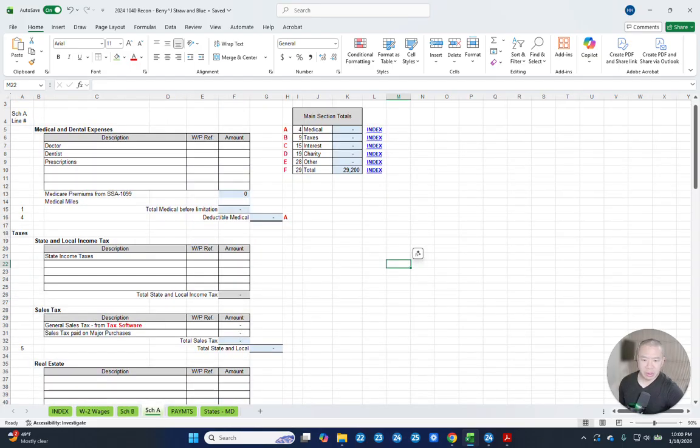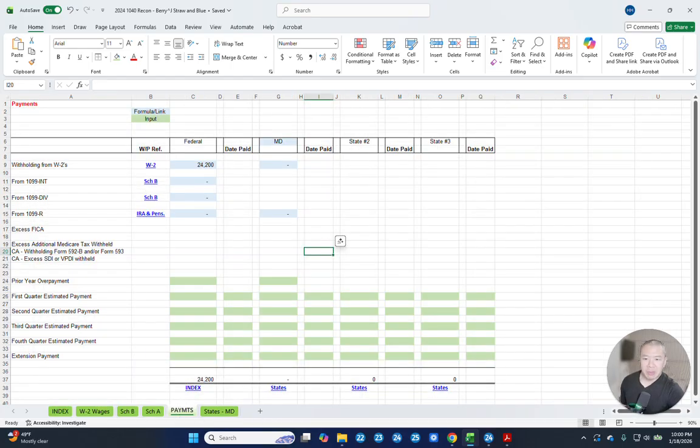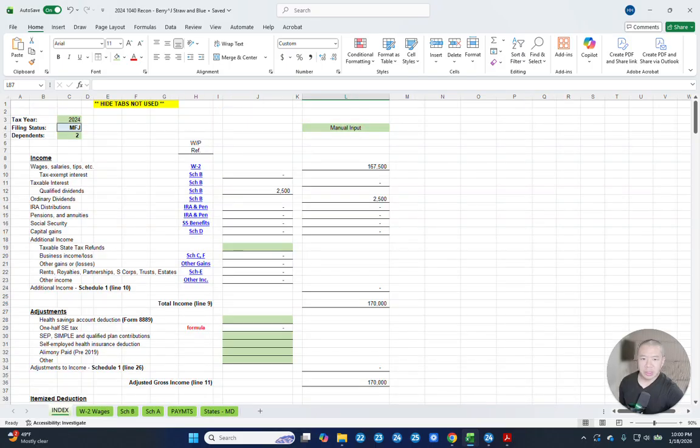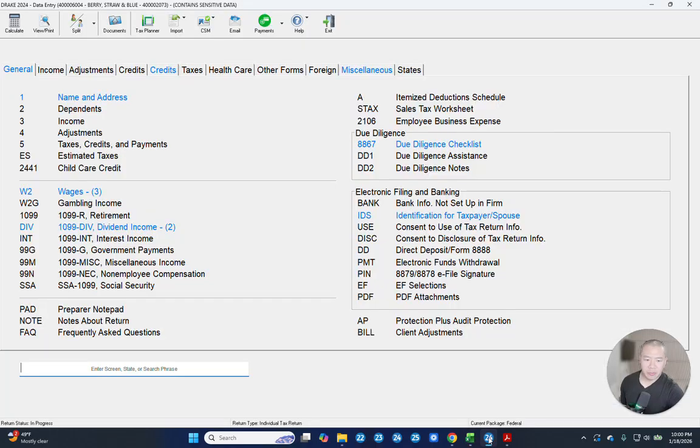I just had it scheduled in here, even though they take the standard deduction. Payments, federal, state payments, and then this is their state reconciliation. And this is the front page of the 1040, and we'll match it once I look into the tax software.